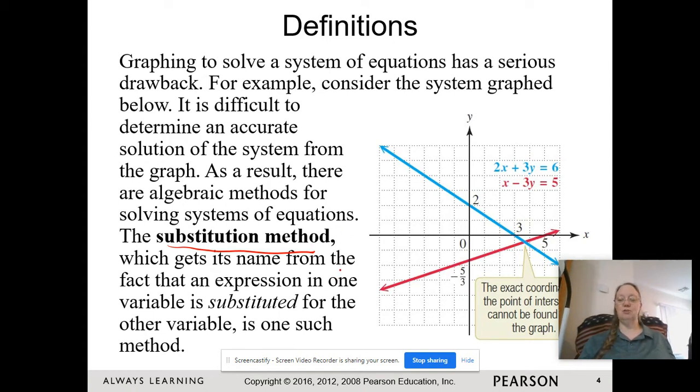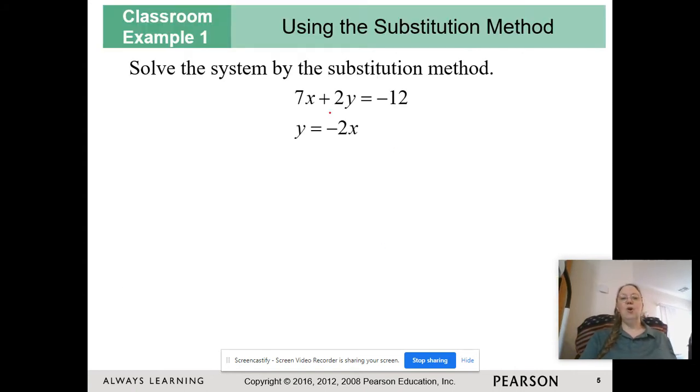When we use the substitution method, we substitute one equation into the other, is essentially what we end up doing. So notice I have 7x plus 2y is equal to -12, but my second equation is y equals, all right? So I have these two things equal to each other.